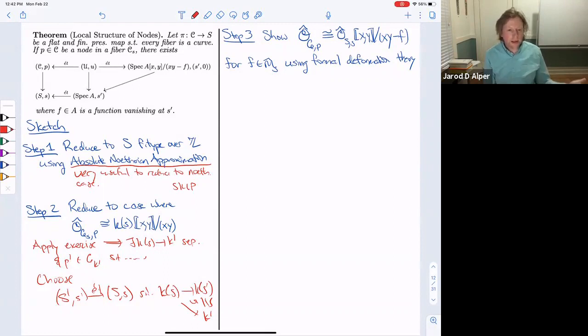You can do that essentially by the primitive element theorem: you just adjoin one variable, mod out by that polynomial, and shrink so that it's étale. Okay, that's step 2.